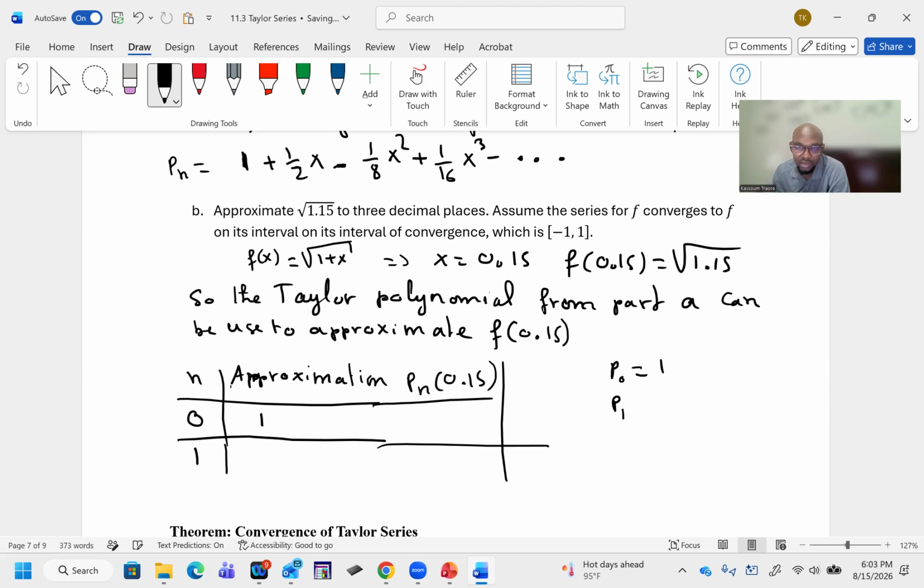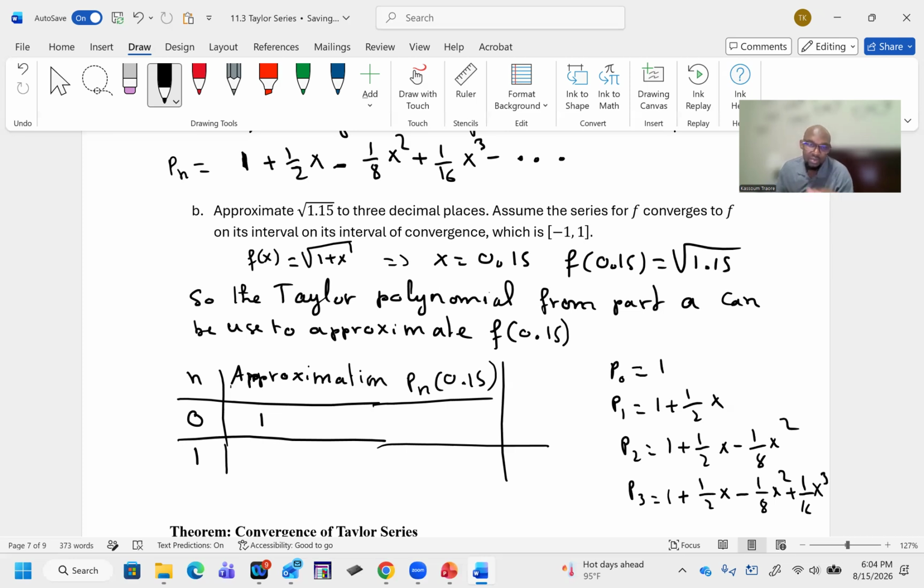P sub 1 is 1 plus 1/2 x. P sub 2 is 1 plus 1/2 x minus 1/8 x squared. And P sub 3 is everything we have there so far, plus 1/16 x cubed.